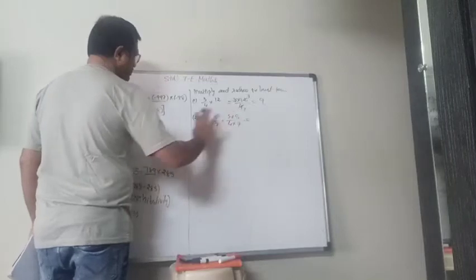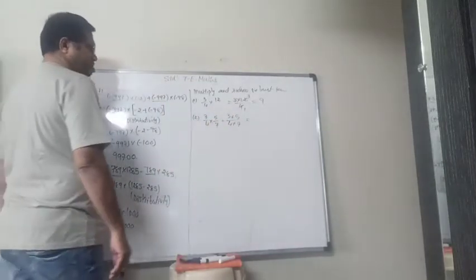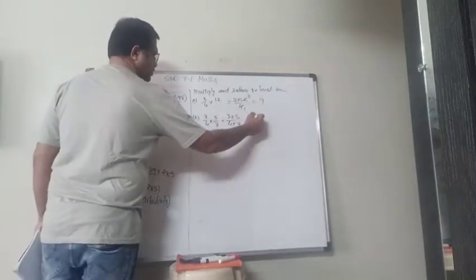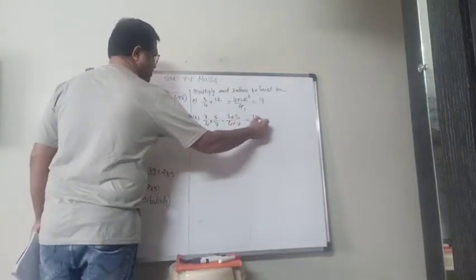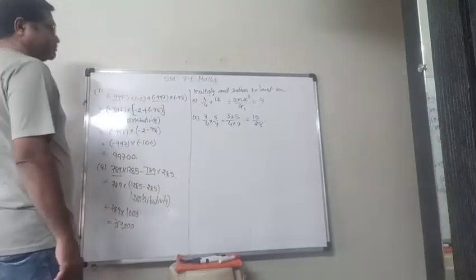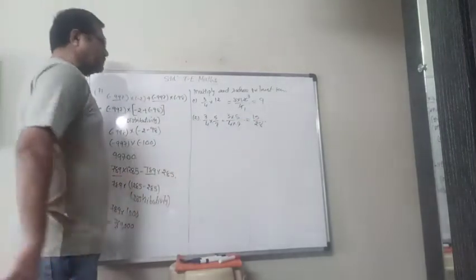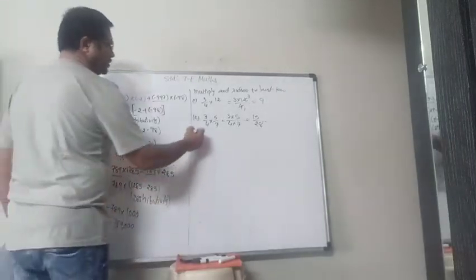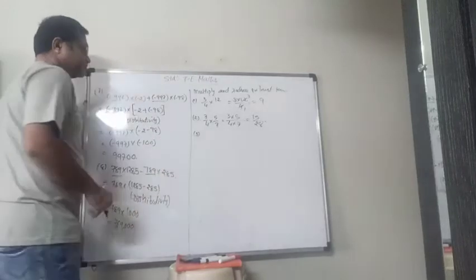So now you can see that there is no common factors. So it is already in the lowest form. So 3 5s are 15 upon 7 4s are 28. And it is proper fraction, so we don't have to convert it into the mixed fractions.